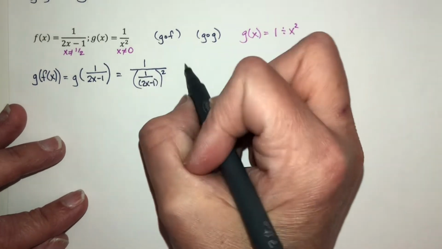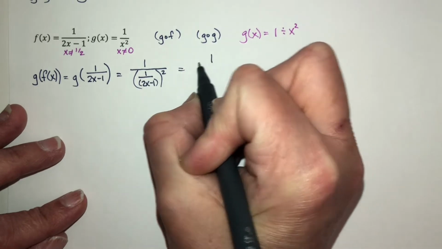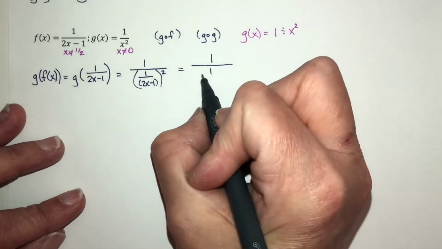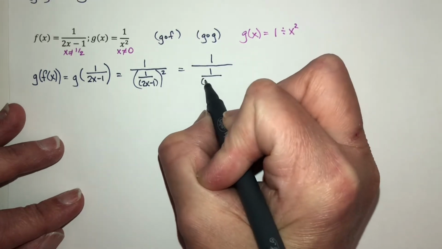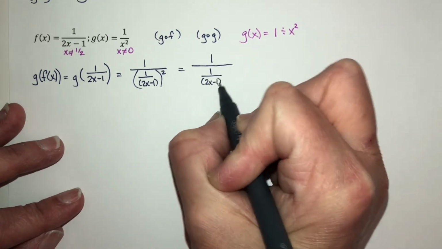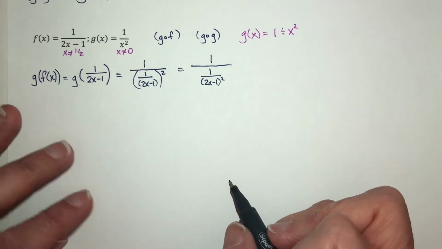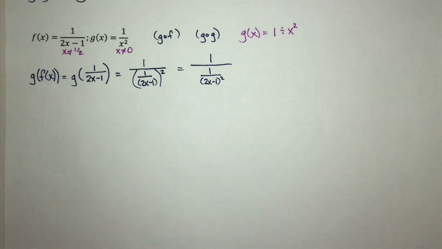If I square a fraction, you get to square the numerator and the denominator. So that's 1 squared, which is still 1, over 2x minus 1 squared. Okay. There are a couple of ways of proceeding from here.